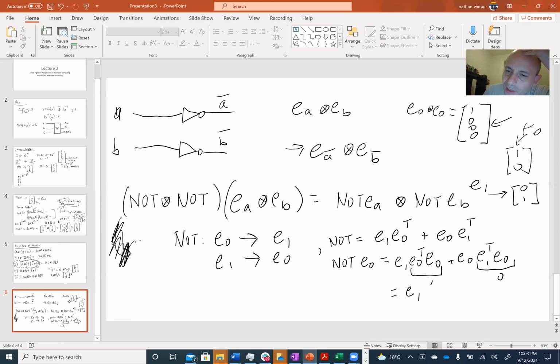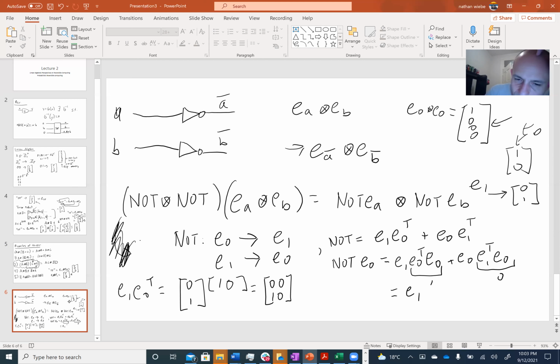However, we can actually just compute these outer products in order to be able to figure out the matrix. And so computing the outer products, we have E1 E0 transpose. This is equal to, of course, 0, 1 times 1, 0, which will end up giving us 0, 0, 1, 0.